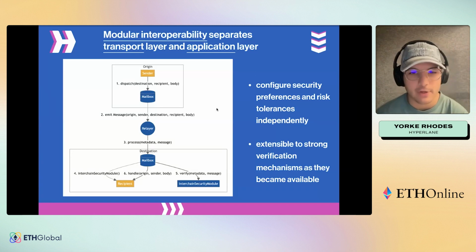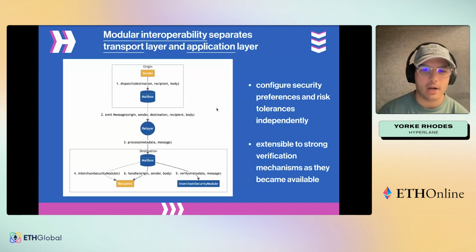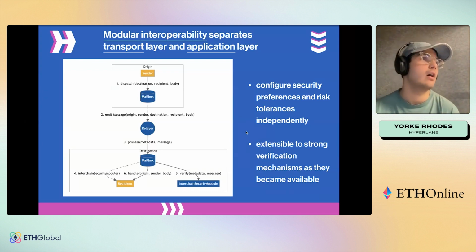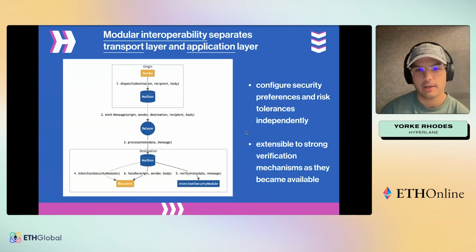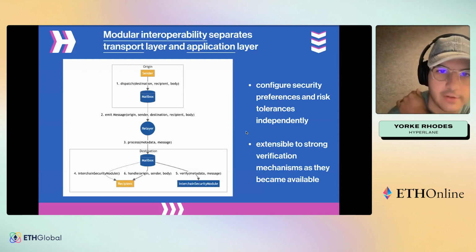So in addition to abstracting away this transport layer, we allow applications who are receiving messages to specify their preferences on the security used coming from another chain through a smart contract interface. So instead of thinking about how to integrate this proving service or whatever, there's a simpler application API if you choose to customize your security preferences.